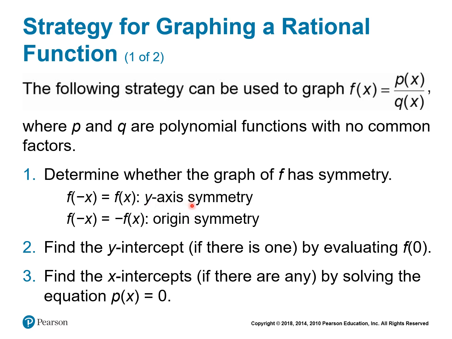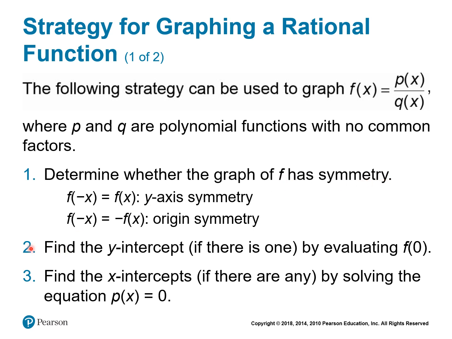It's a reflection across the y-axis, so y-axis symmetry. If we substitute negative x into the function and we end up with the negative of the original y value, then it's an odd function, and its symmetry is about the origin. So that's the first step, to figure out the symmetry.